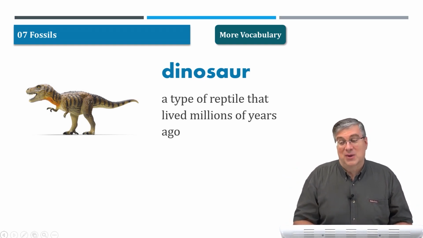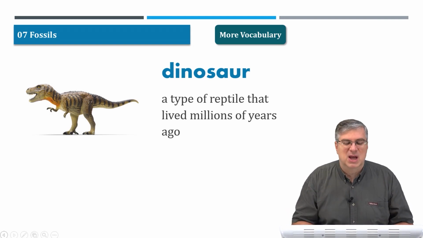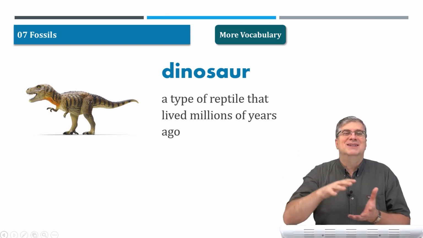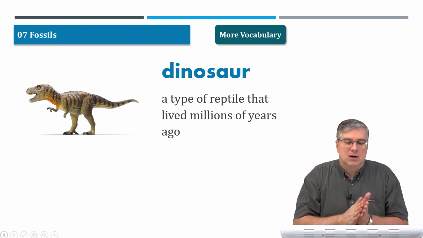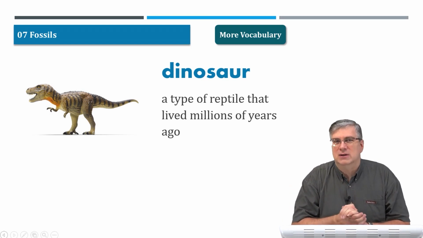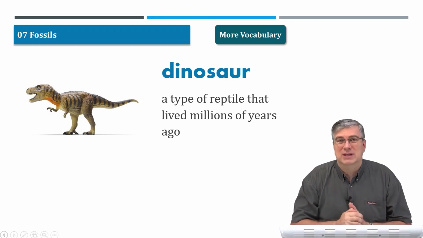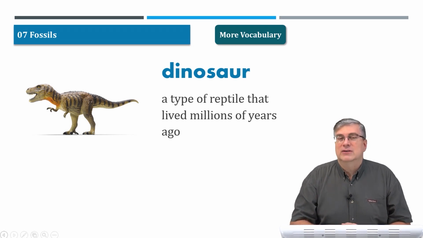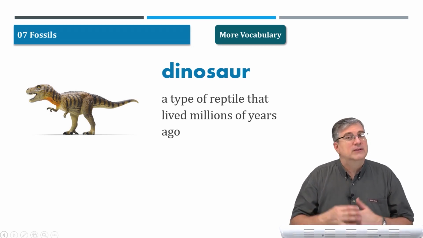And probably we thought, oh, that would make a good pet, but maybe not. But anyway, there are many species of dinosaurs living on the earth millions and millions of years ago, before 65 million years ago. And dinosaurs are a type of reptile. Reptile is like a lizard.